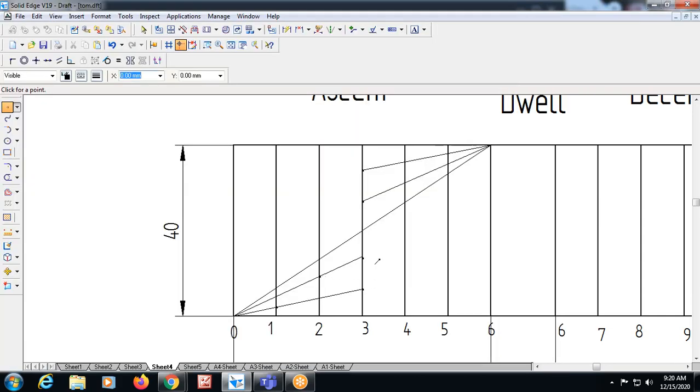Then this center one. Next, the fourth crossing at this point, then the last intersection at this point. And finally this. So you have to join a smooth curve. By free hand you try to draw the curve.